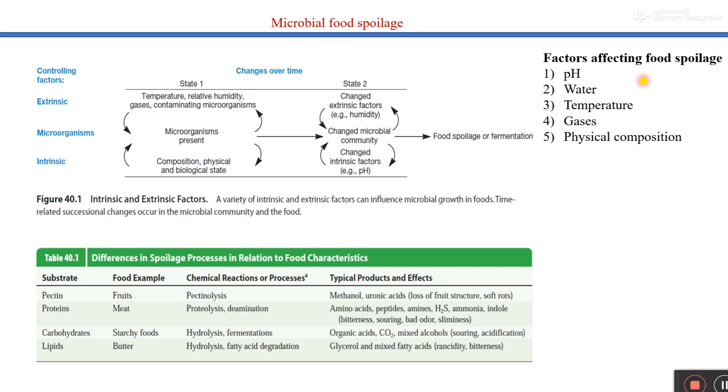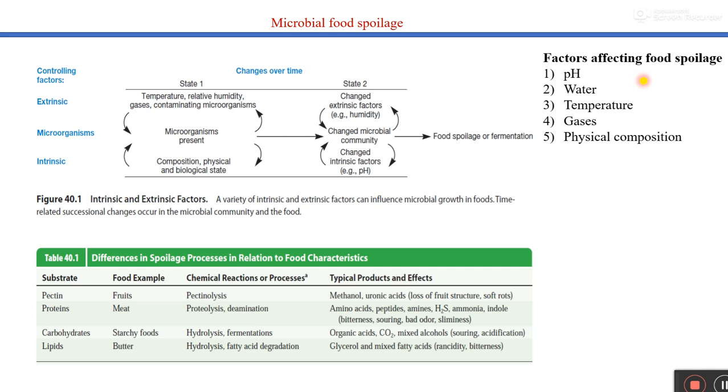Now the fifth factor is physical composition. Physical composition generally denotes the hardness and softness of a particular food. Hardness generally depends on the lack of water. If you notice, dry fruit has very little water.